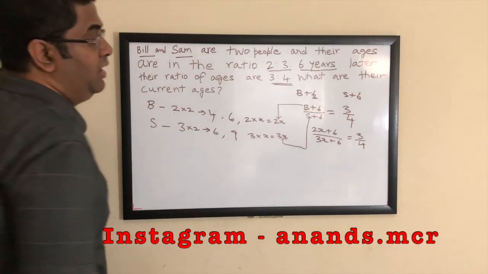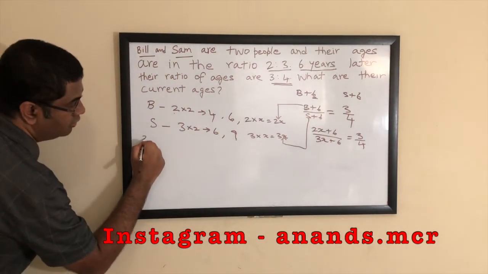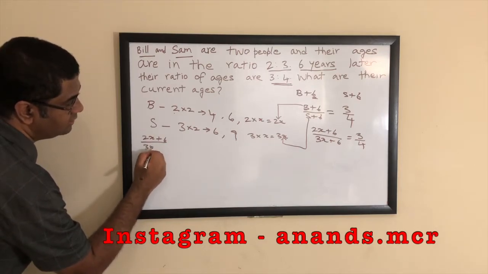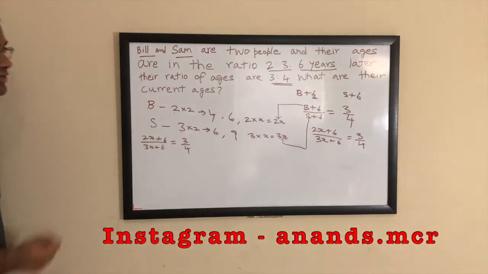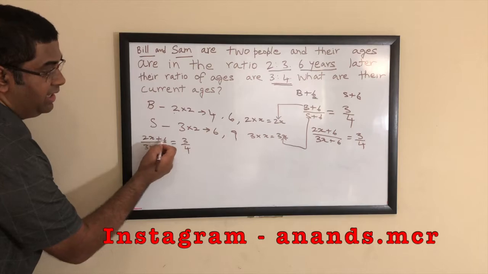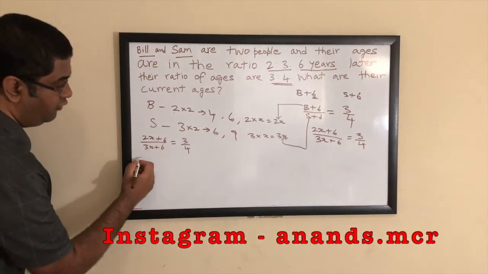So friends, how do we solve this equation? Let me write it here. 2x plus 6 by 3x plus 6 is equal to 3 by 4. When you are given an equation like this, you basically cross multiply to determine the left hand side and right hand side. So 4 goes here.